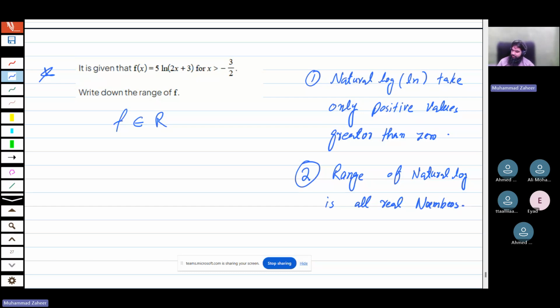Yes, please note down these two points in your notebook. In the next class, we are also going to talk about how we can find the inverse of log functions.